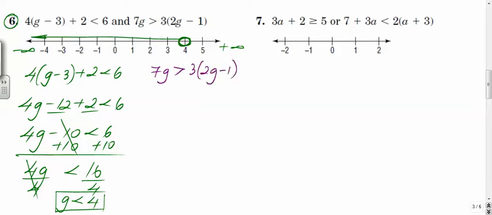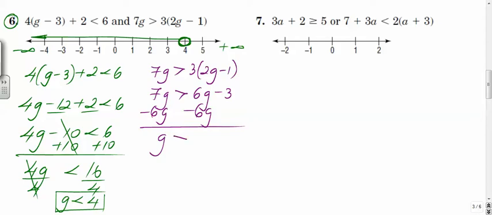First thing, multiply that 3 to everything inside that parenthesis on the right side. 7g greater than 3 times 2g, 6g. 3 times 1, 3, minus 3. Okay, take away 6g from both sides because I want to have my g on the left. 7g minus 6g will be just g greater than 6g minus 6g, nothing, negative 3. And OMG, we are done.